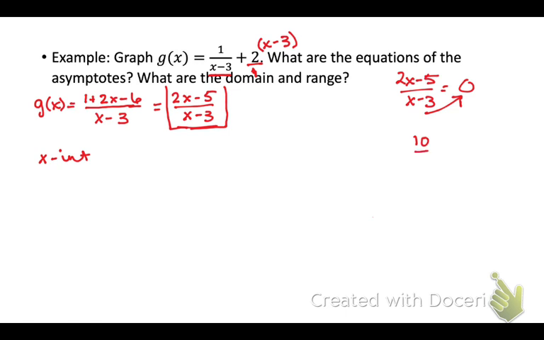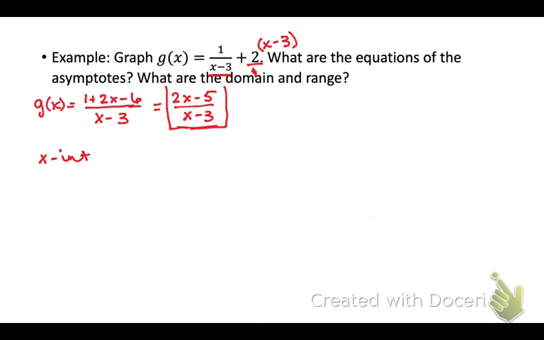Remember when I had 10 over x equaled 0, I multiplied over by x, and I got 0. So when I do the x-intercept, I really don't worry about the denominator. I just worry about the numerator.